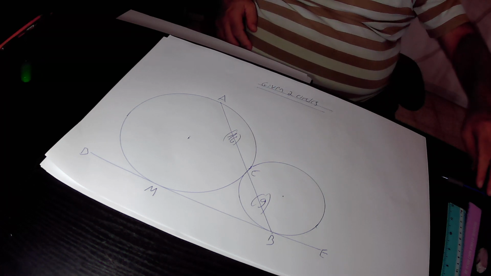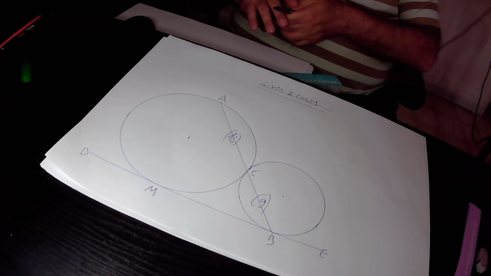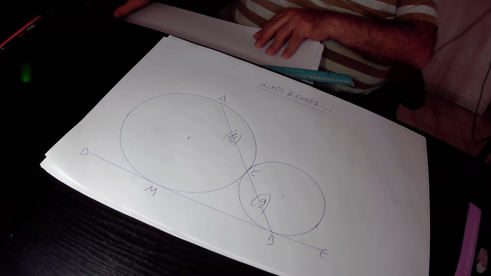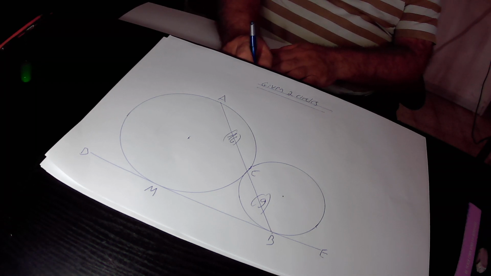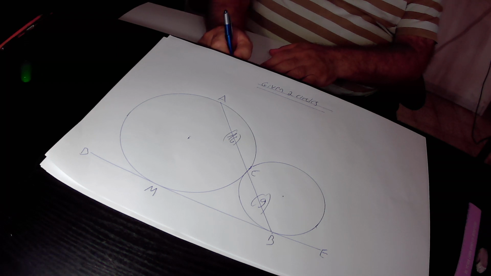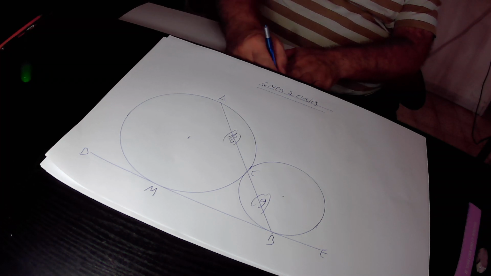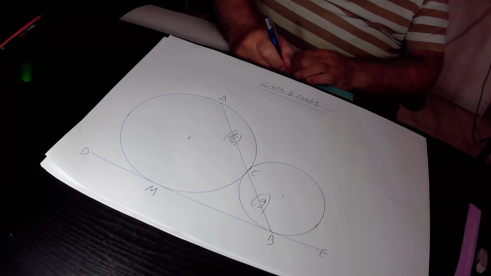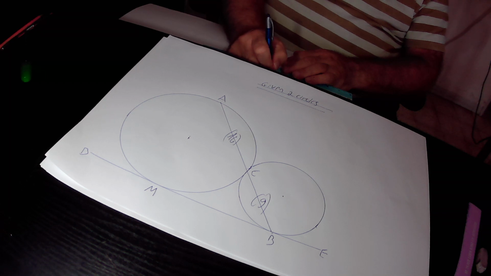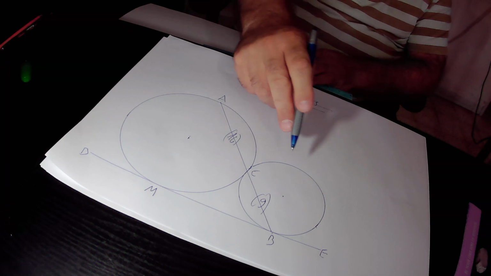So I write it down. So BM square equals BC times BA.